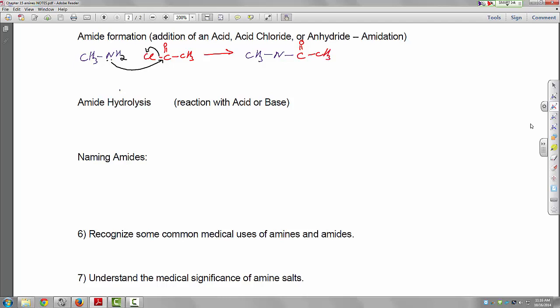And now remember, nitrogen usually forms just 3 bonds unless it's an ion. We're not forming an ion, we're forming an amide. So there were 2 hydrogens here, but now there's room for only 1. What happened to that other hydrogen? Well, it came off and combined with the chlorine here to form hydrochloric acid. So that's one way, right? This here is an amide linkage.